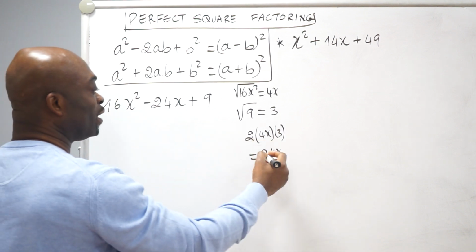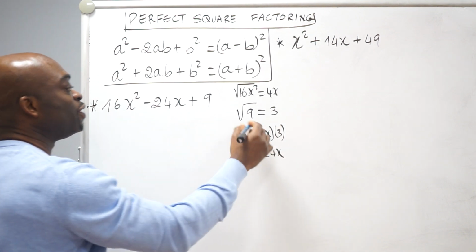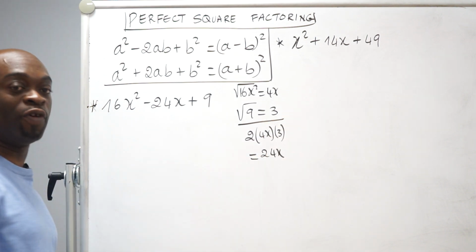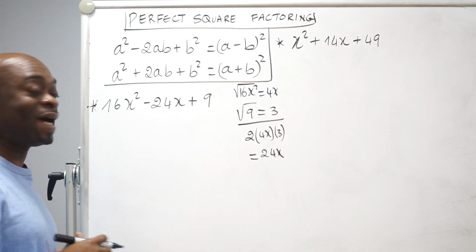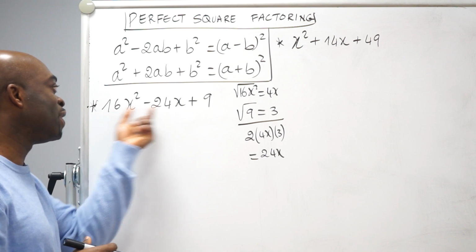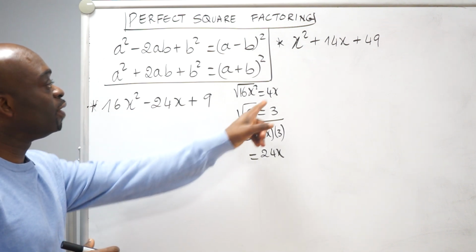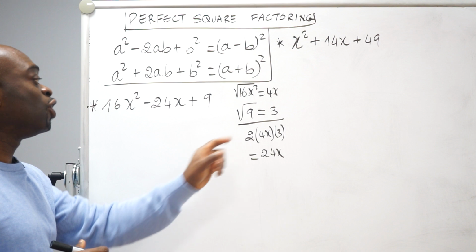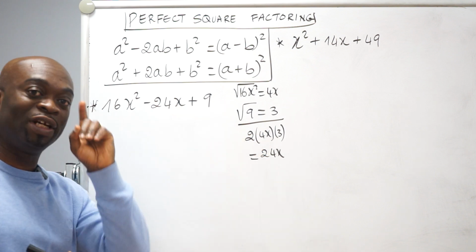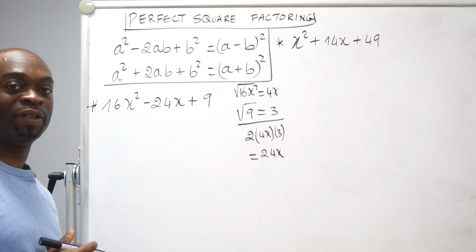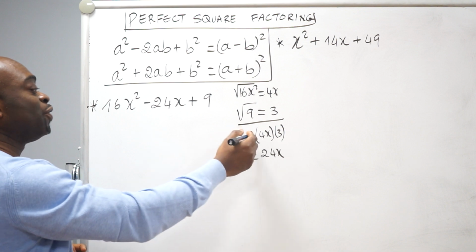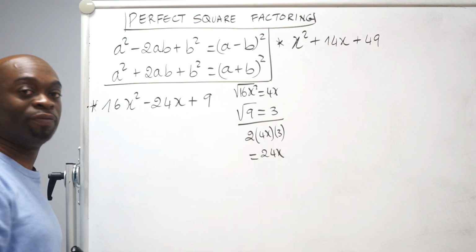So if you multiply, it's giving you 24x, which is right here, correct? So basically what you're doing is taking the square root of the first term and the square root of the last term, 4x and 3. You multiply them together, and do not forget about multiplying it by 2. And once you multiply by 2, then you have 24x.